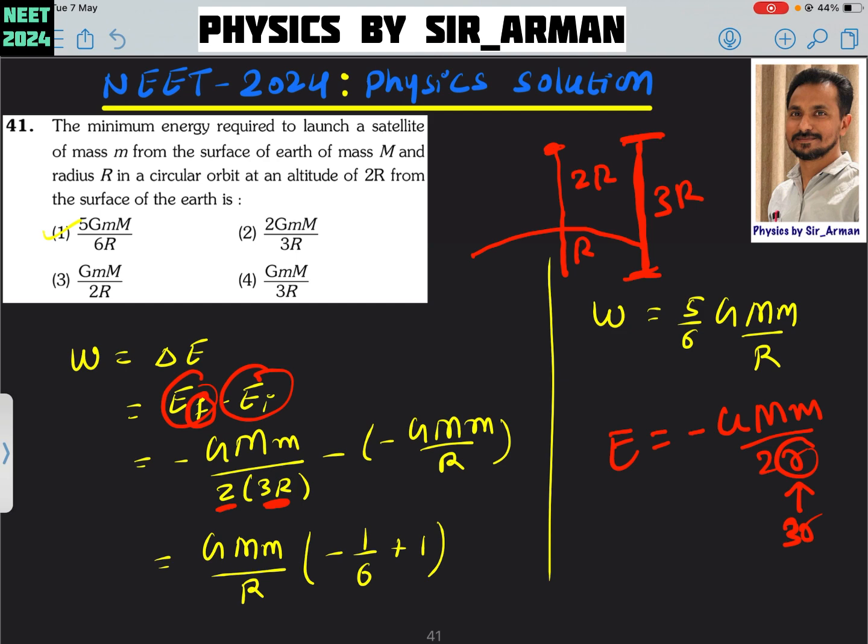Initially it is lying on the surface of the earth, so the distance from the center is just R, so it is GMm by R. Now we can take GMm by R common, with a minus sign: minus 1 by 6, and minus minus is plus, so plus 1. If you solve this, you will get work done equals 5 by 6 GMm by R.